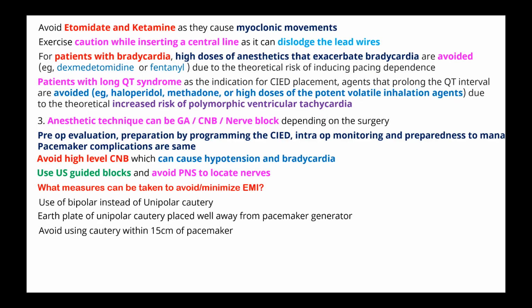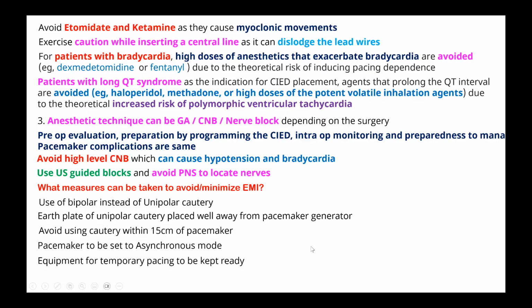So your right paramedian incision or right subcostal incision will be well 6-7 inches away from that. So you can still use the cautery in that location. But very close to the pulse generator, avoid usage of the cautery. And the pacemaker should be converted to asynchronous mode in these cases, definitely.